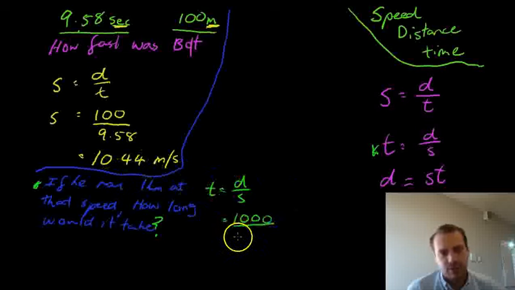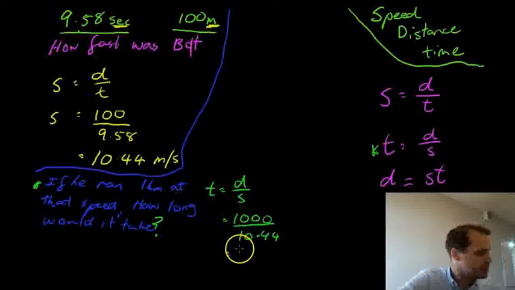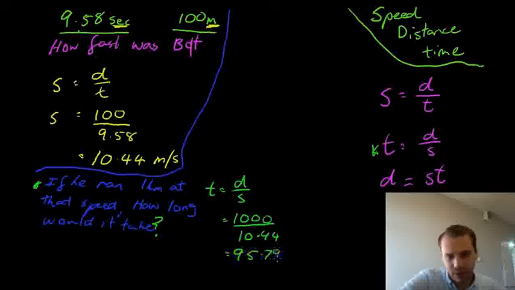And if his speed was 10.44 metres per second, how long would it take? Now again, get your calculator out, give it a try. That looks like it's going to take 95.79.